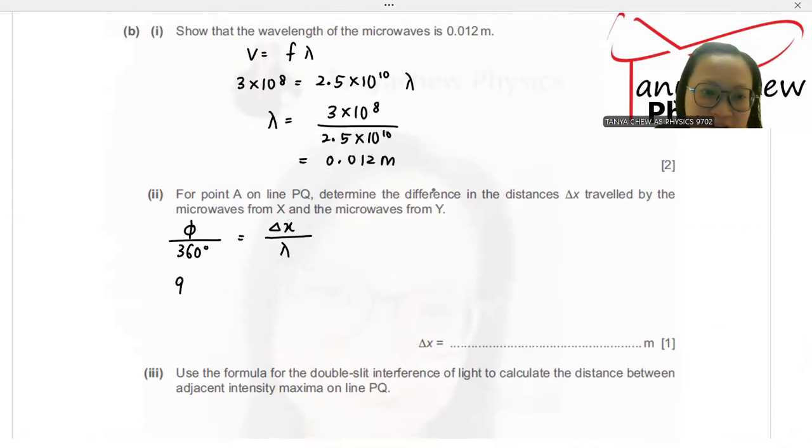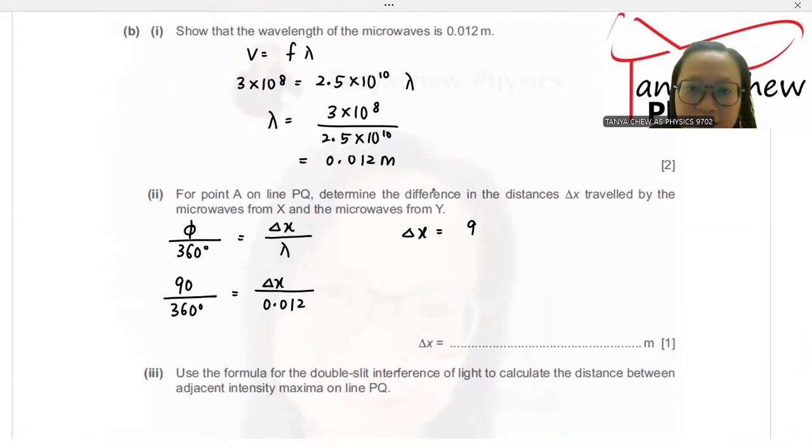So 90 divided by 360 equals delta x divided by 0.012 meter. So delta x is equal to 90 multiplied by 0.012 divided by 360 degrees, and you should end up getting 0.0030 meter.